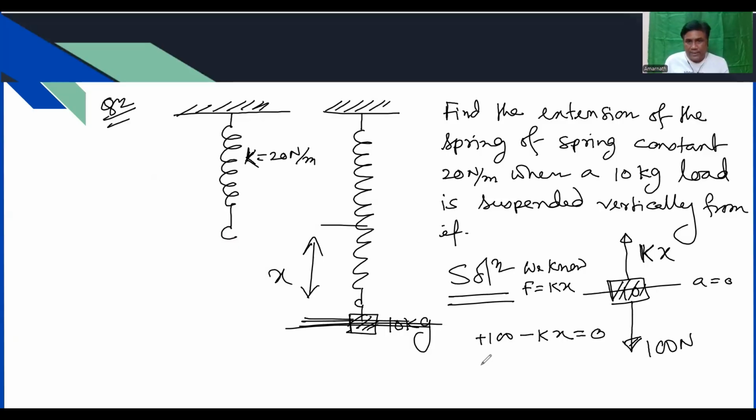So from that, what I get? 100 equals K into X. That X is the elongation only, nothing else. K value is 20, so X equals 5. All are in SI, so it will be 5 meter only.